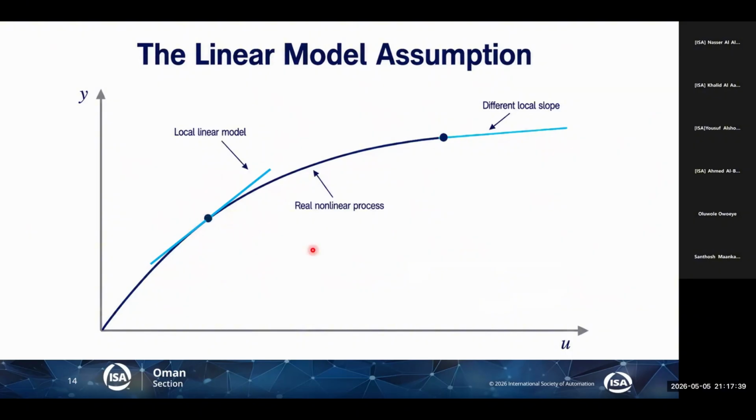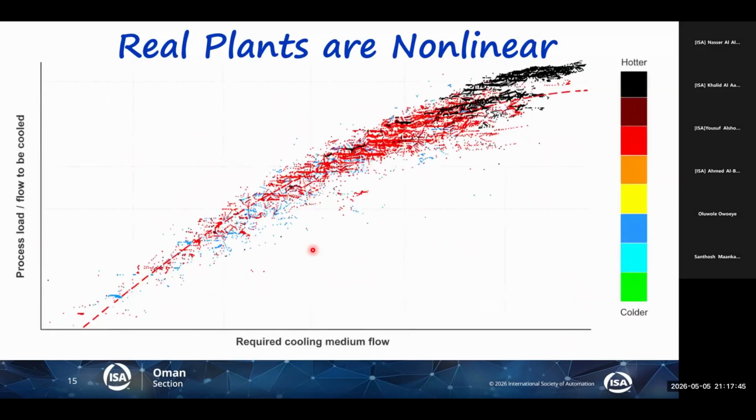And this is not just theory. Let's take a practical example. This is data of a heat exchanger. There is flow over here on the y-axis. This is the heat source, the process load, the flow to be cooled, where you want to remove heat from.